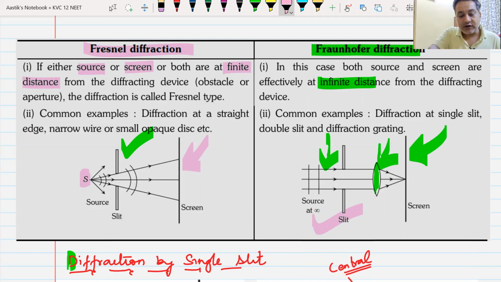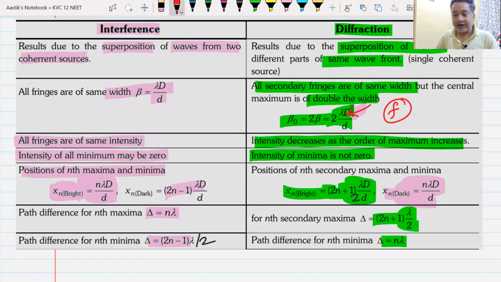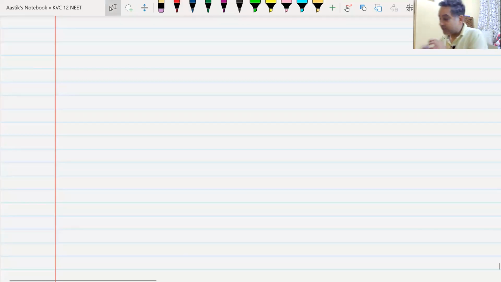How do you get the answer for Fraunhofer diffraction? So remember this. In the formula for the slit, you just replace D by F for Fraunhofer, where F is the focal length of the lens. So now you can write this formula for Fraunhofer diffraction as an important point.